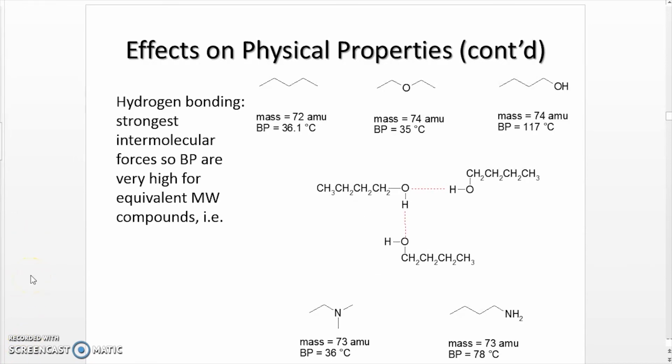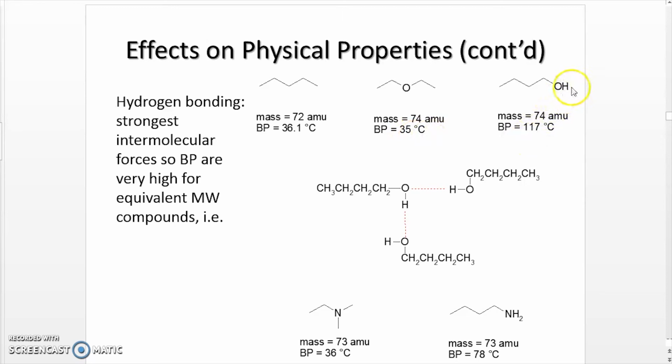Our final slide on physical properties of molecules and how that relates to their boiling points is seen here. So we have a mass of 72 AMU for an alkane, which is n-pentane, and that has a boiling point of 36. And as we introduce an oxygen in here, which is diethyl ether, our boiling point is still rather low.